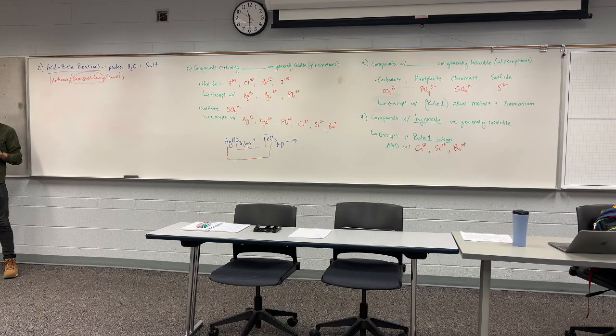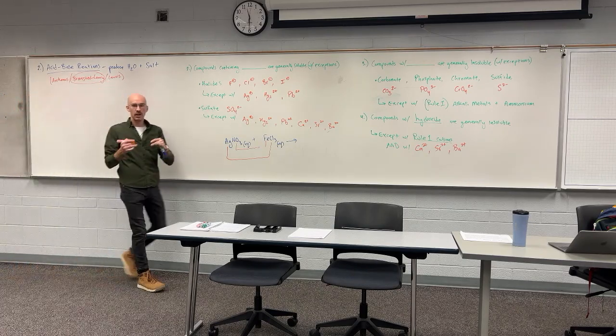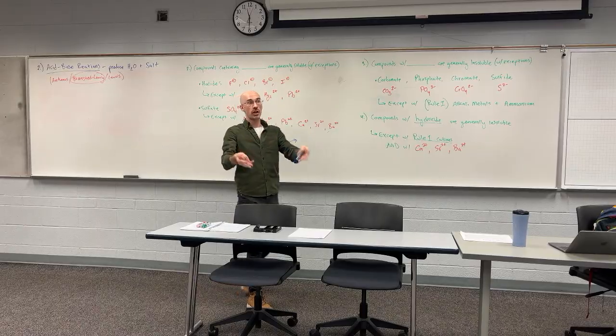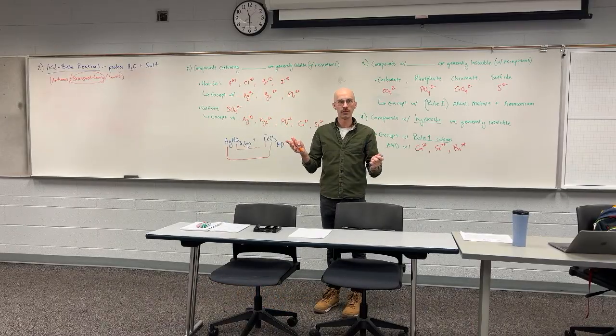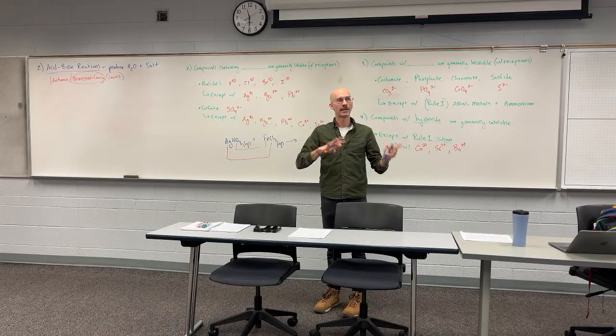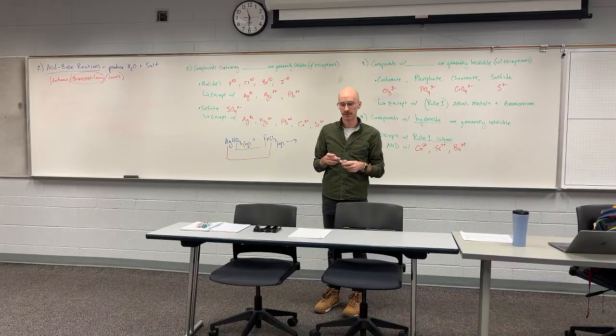Arrhenius defines acid and base as, in water, they produce hydronium and hydroxide. Lewis defines acid-base as electron pair donor, electron pair acceptor, and Bronsted-Lowry is right in the middle. It says hydrogen ion donor, hydrogen ion acceptor. That's all that we're really looking at.